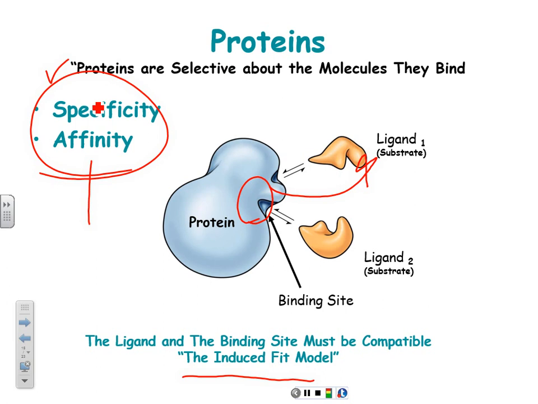So proteins exhibit specificity, right? They are selective about the molecules that they bind with. The closer the shape, the higher the affinity.